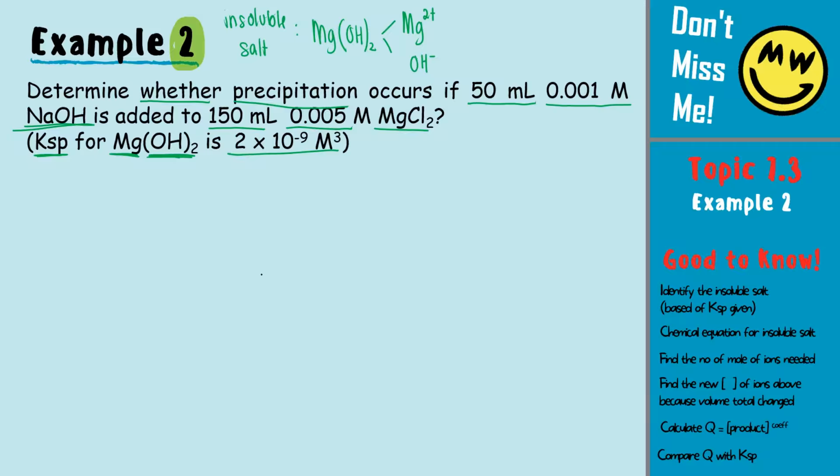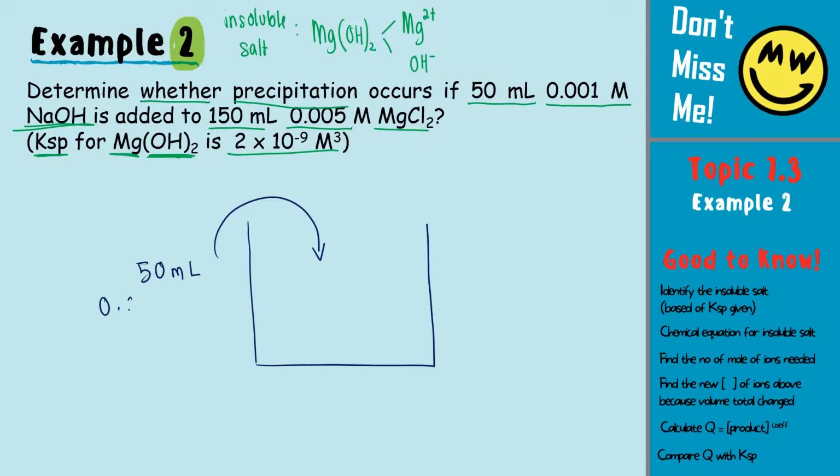Alright? So, before we start calculate, let's understand what the question is talking about. So, right now, I'm having a beaker. In the same beaker, the first thing that I pour in, 50 milliliter of 0.001 molar NaOH. Okay? The second thing that I pour into the same beaker is your 150 milliliter of 0.005 molar magnesium chloride.